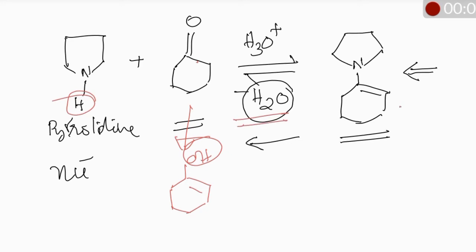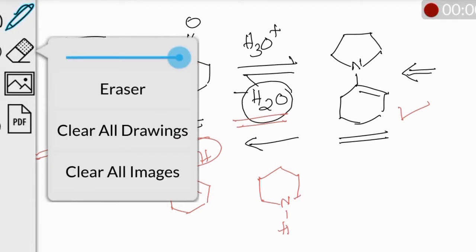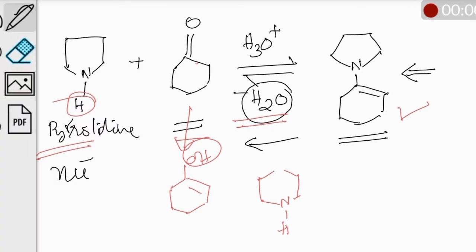Generally used secondary amines are pyrrolidine, then this is called piperidine, and one more popularly used one is morpholine.